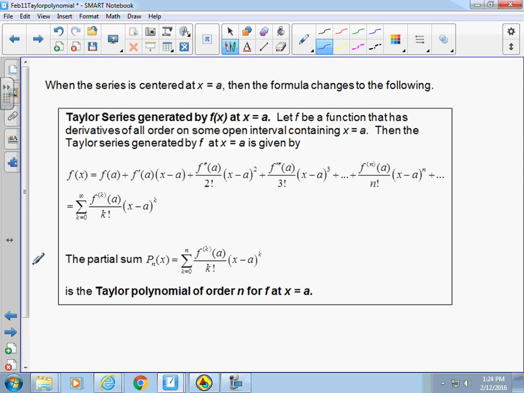So, remember Maclaurin, when it says Maclaurin, what does that mean? Centered at 0. So if it says Maclaurin, that means centered at 0.